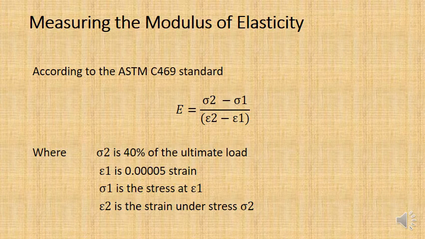And then the formula we use is this: E, which is the symbol for Young's modulus or modulus of elasticity, equals sigma 2 minus sigma 1 over epsilon 2 minus epsilon 1. Now, just so you know, you don't need to remember formulas.